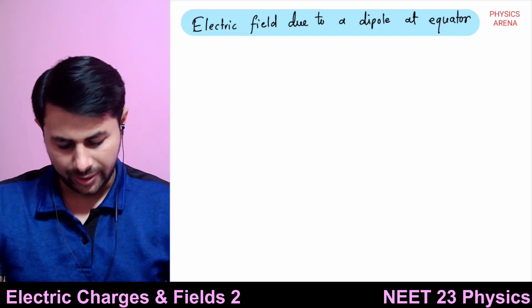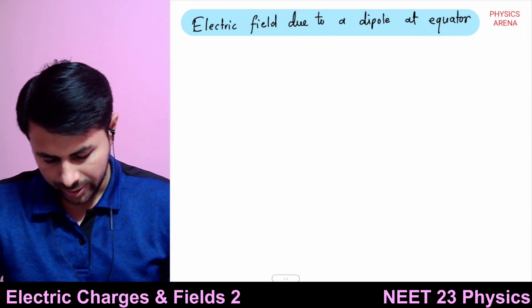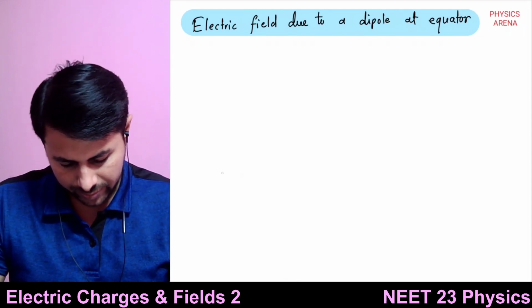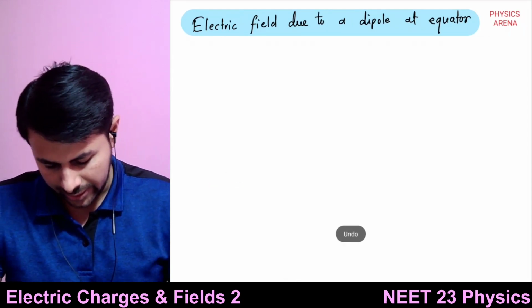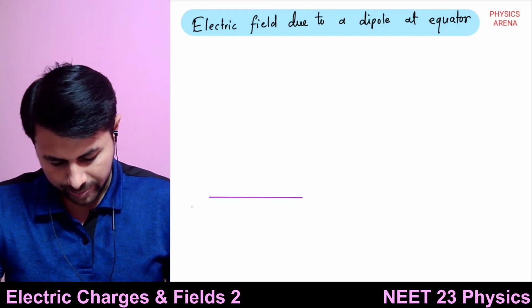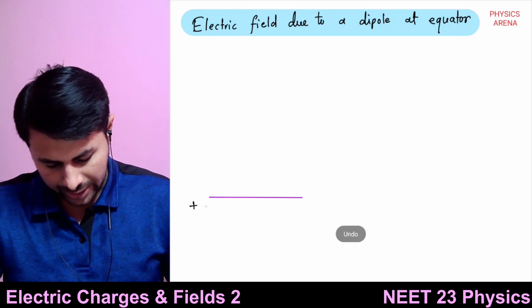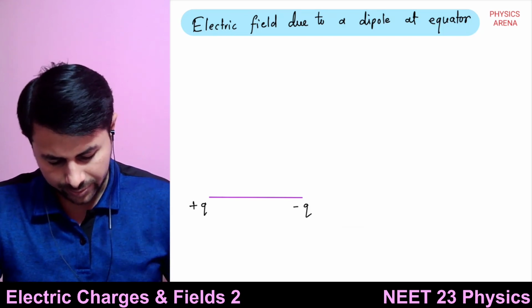Now, the electric field due to an electric dipole at a point on the equator, any point on the equatorial plane. So what is an equator for an electric dipole? This is our electric dipole, with charge plus q and minus q.